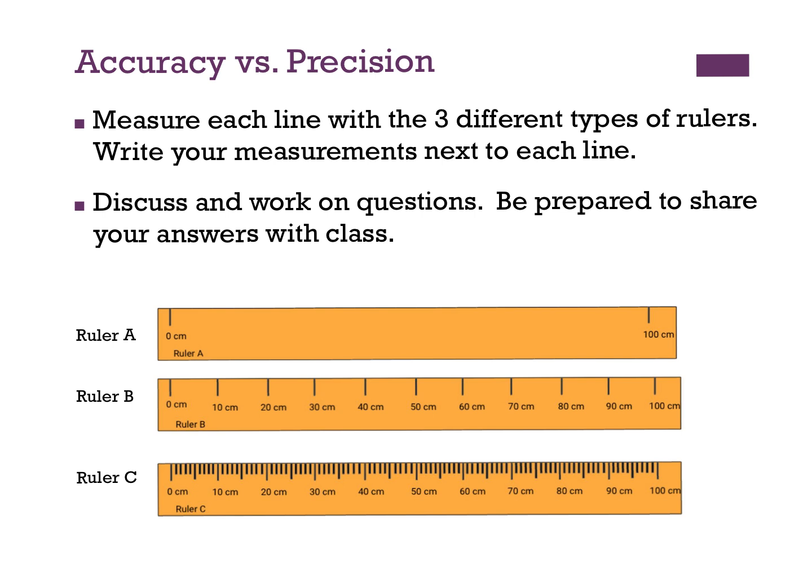But I think we can do 6 and 7. If you look at the rulers A, B, and C, which one do you think would have the highest precision? It'd be C, because there's the most lines on this ruler. And for number 7, which ruler provided the highest accuracy? Again, it'd be C, because there's the most lines on this ruler.